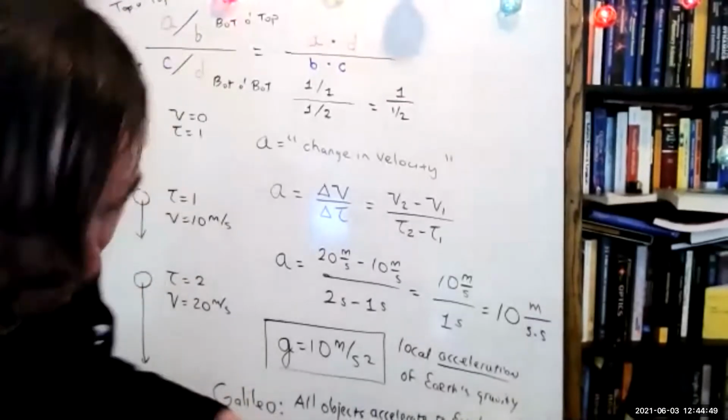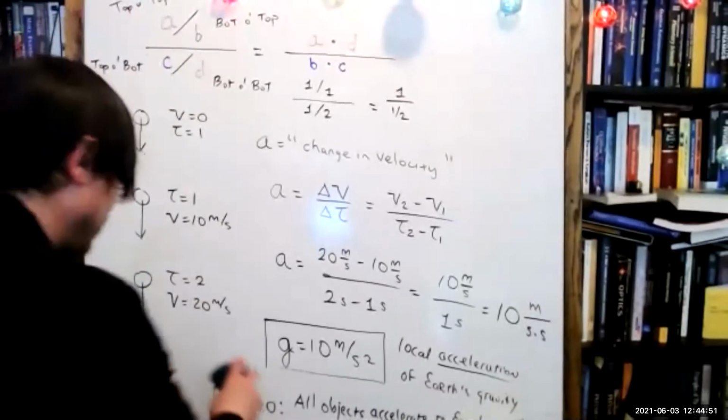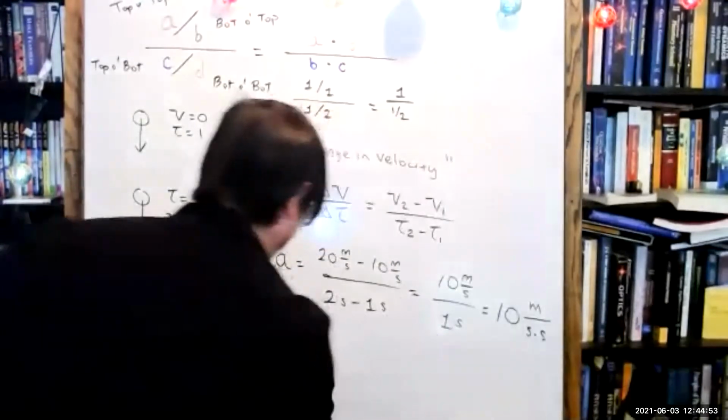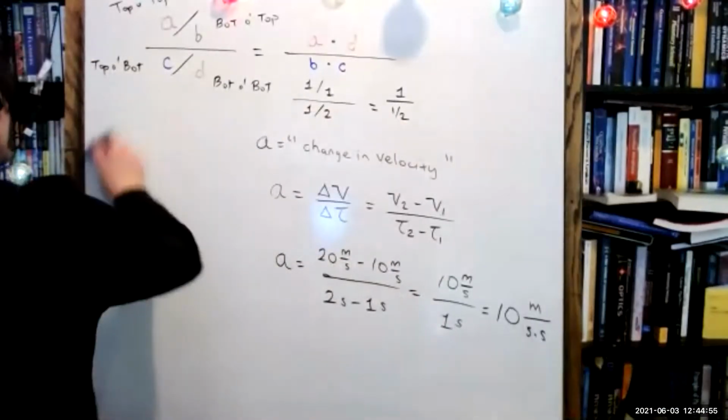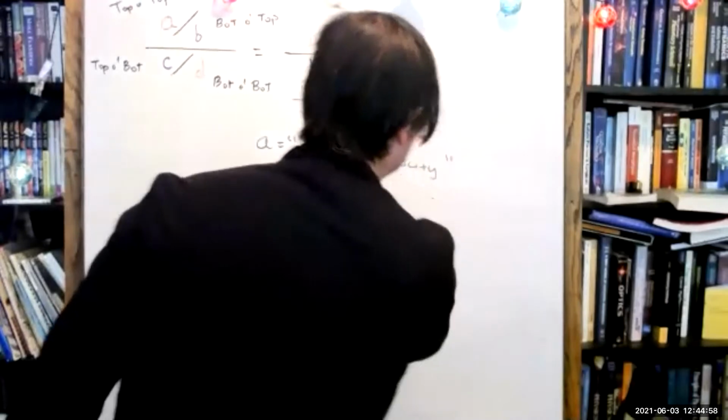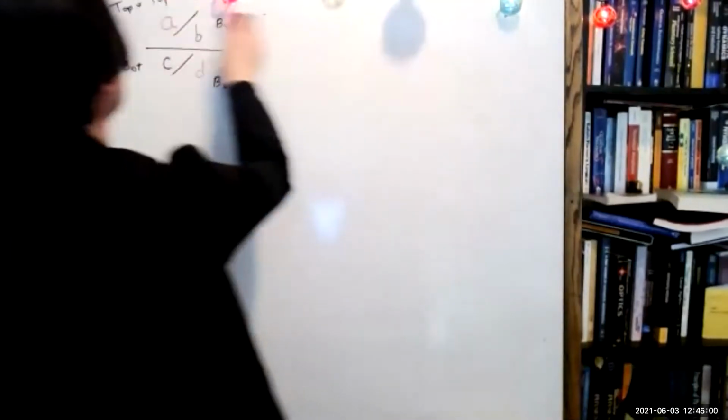Okay, let's talk about what else we've learned here during this exercise. We learned the units of acceleration and velocity are different, and that's going to come into play here.